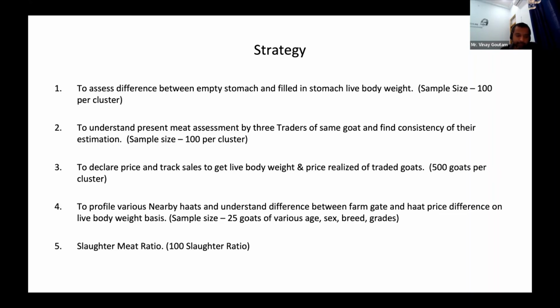In the next process, we start profiling the various nearby herds, to understand the difference between farm gate price and herd price on a live body weight basis. And lastly, we have to understand the meat ratio by slaughtering 100 live goats of different age, sex, and breed. Next slide, please.